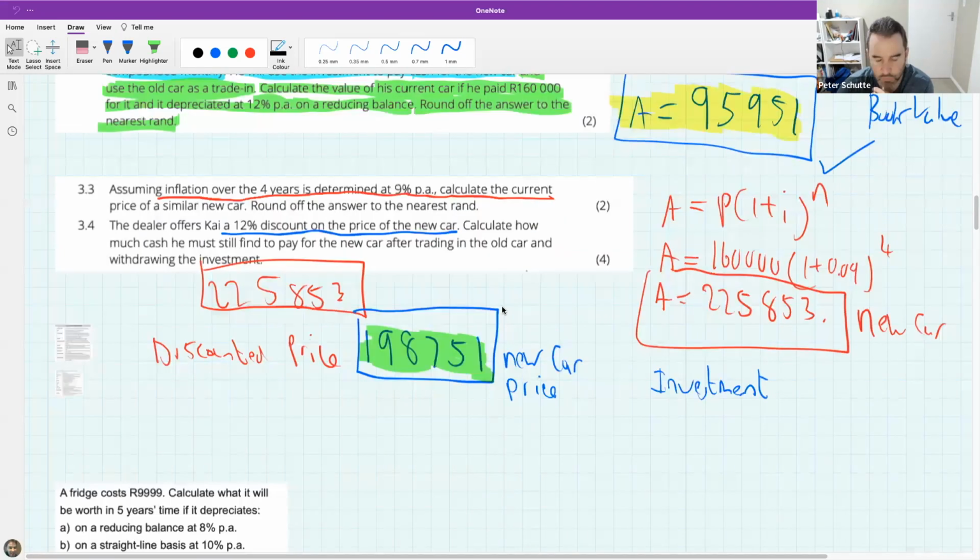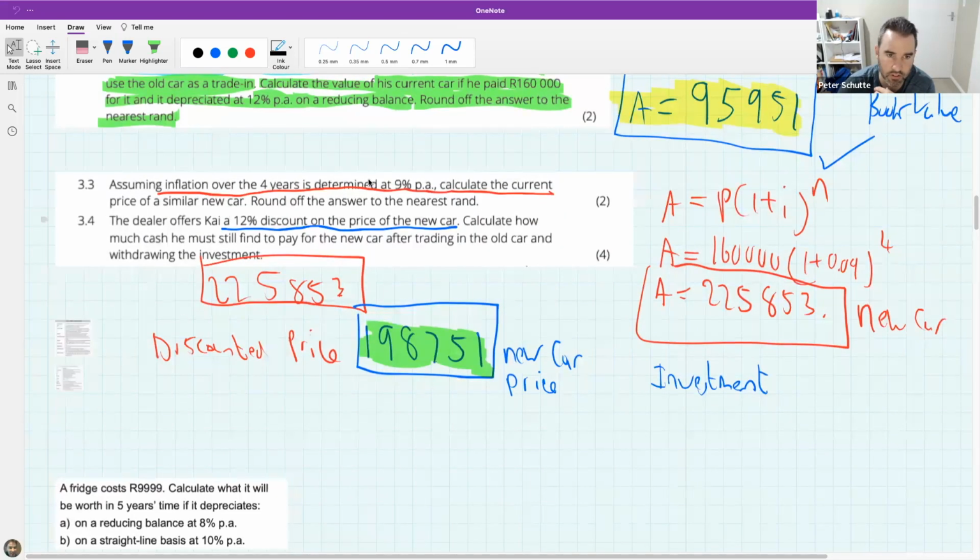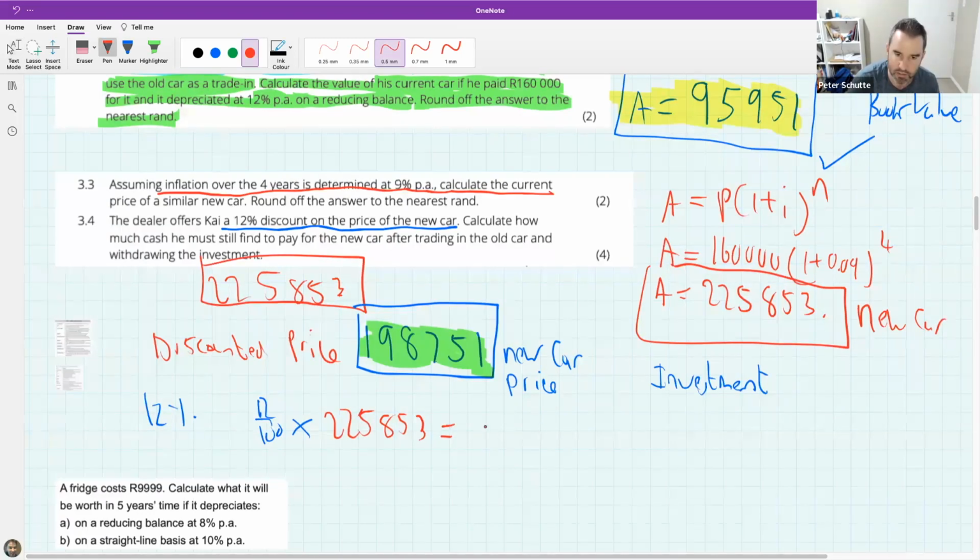So what is the method for the discount? There are 2 different ways of working out the discount. The one way is to say, what is 12% of 225,853? The way we do that is we go 12 over 100, or 0.12 times that amount. That would be 27,102. That's how much we need to take away.